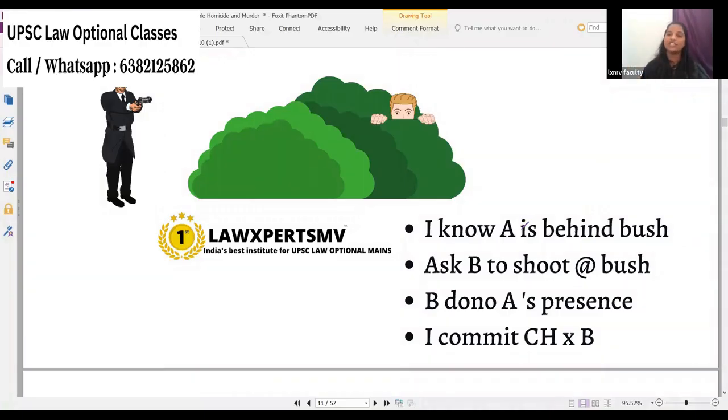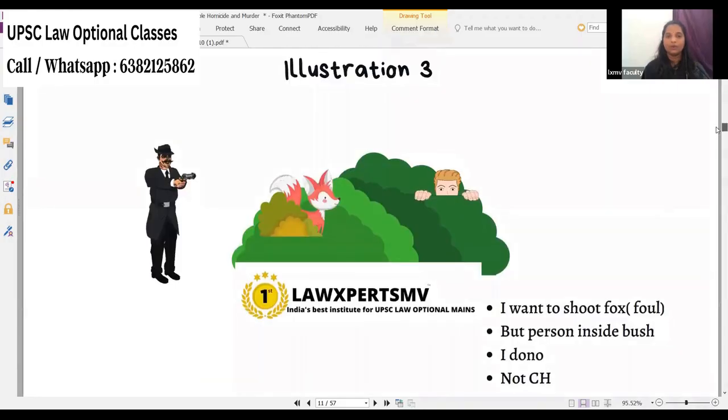But unfortunately, A is inside and falls dead. Now, who is responsible for this culpable homicide? It is not B, because B does not have any intention to kill A. But I was the person who knew that A was hiding and I provoked B to shoot there. So I committed culpable homicide. This is the second illustration. Now we go on to the third illustration.